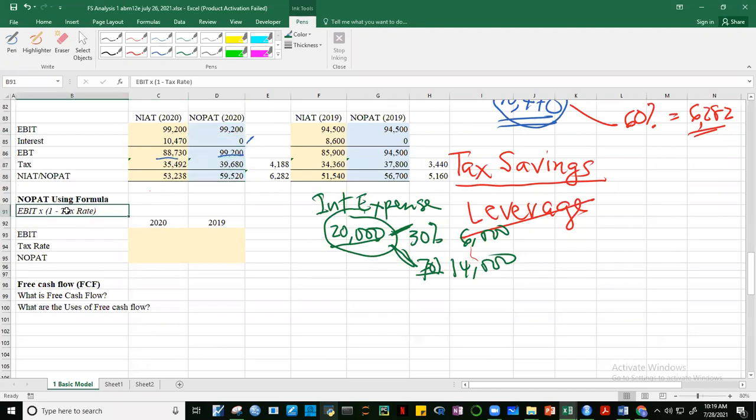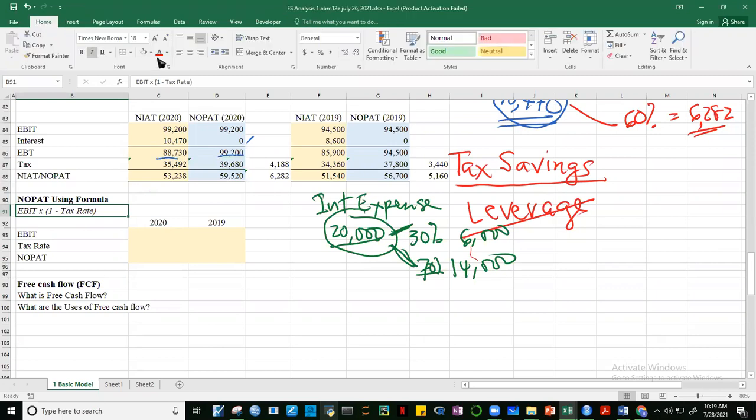So this is the formula. Okay, take a look at the formula. NOPAT is equal to EBIT times 1 minus tax rate. Okay, ibig sabihin, ibabawas natin tax rate. If the tax rate was 40% in our case, so 1 minus 40%. Ang matitira na lang sa NOPAT is 60% of your EBIT.